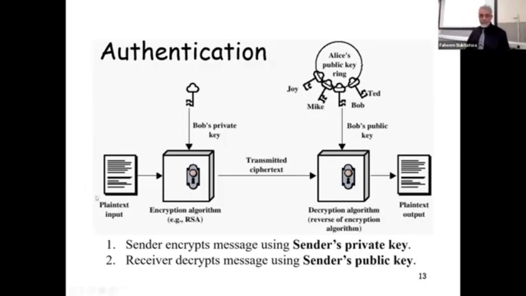You take the plain text message and the algorithm, and you use the sender. This is Bob. Bob uses his private key. And once the message is encrypted, then Bob's other key needs to be used. So when Alice receives the message, she must use Bob's public key.